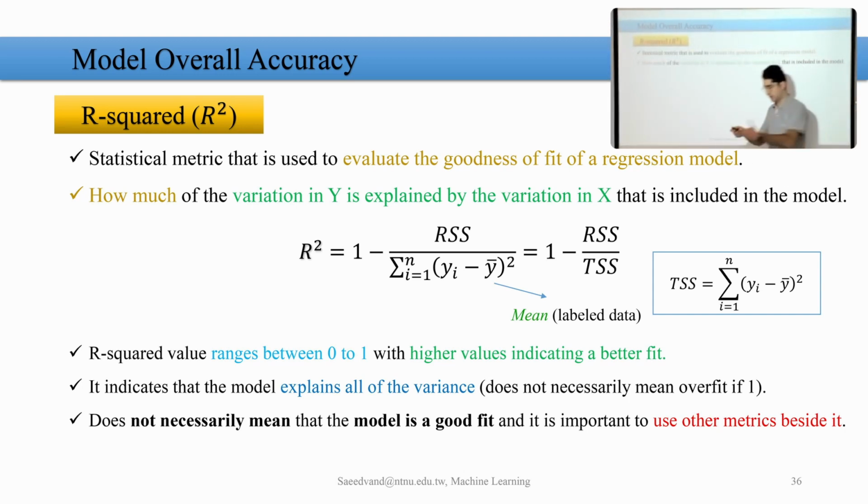R squared tries to evaluate it. And how it works, we write R squared is equal to 1 minus RSS, the residual sum of squares, over TSS. We calculated TSS in the previous slide, and here it gives the amount of variation inside the equation. If you calculate 1 minus RSS over TSS, we have the R squared metric. I think it's very simple and clear.